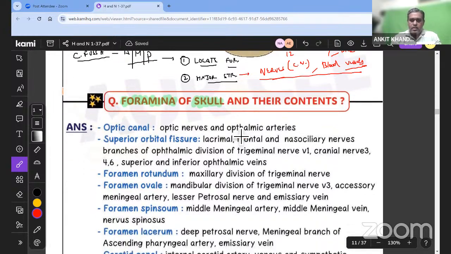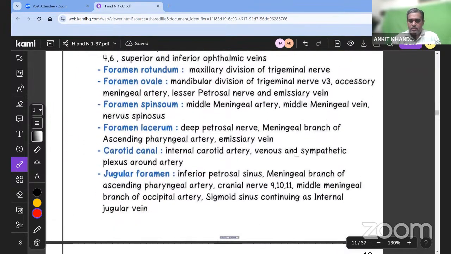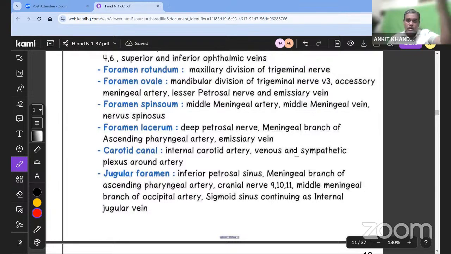Now let me show an image over here so that you can understand better. Let me enlarge it a bit. First let me tell you what exactly we are seeing. As I already said, we are looking at a cranial fossa. We have removed the vault.